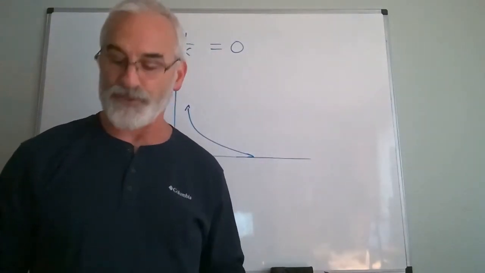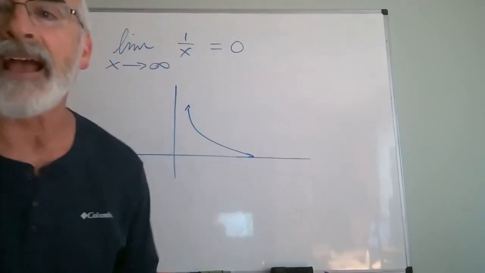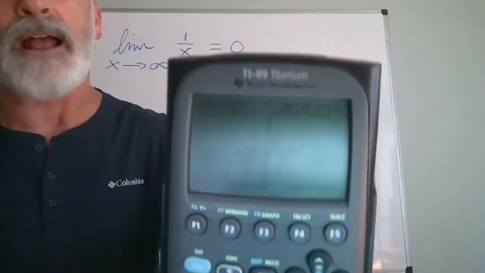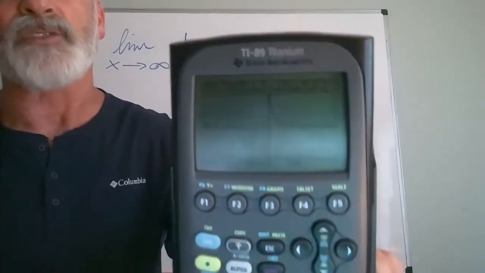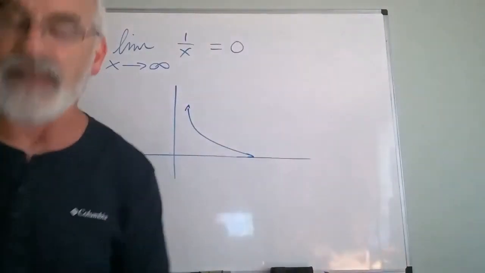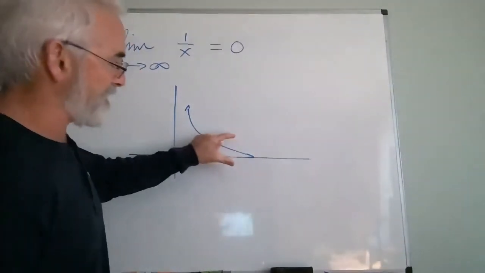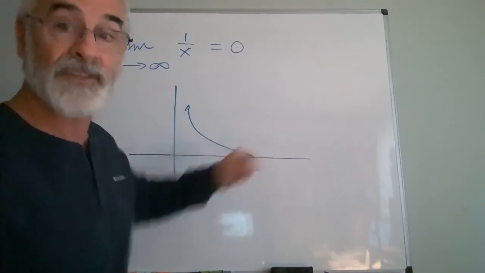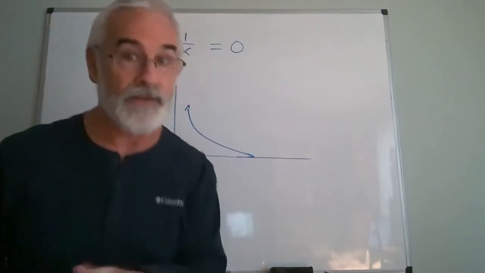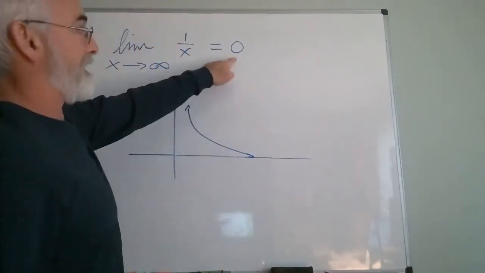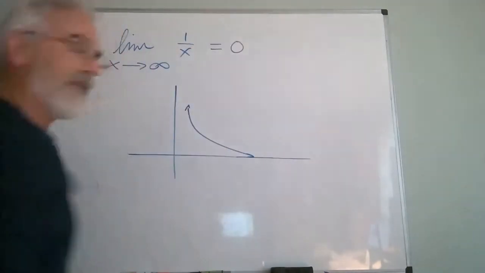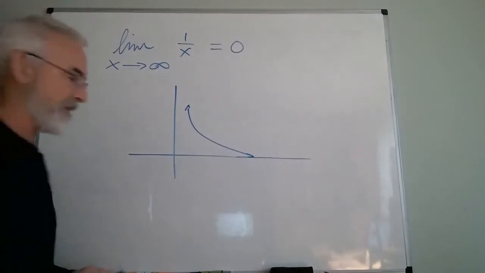In my graphing calculator, it appears that my graph is disappearing into the axis. No, it's not disappearing into the axis. What's happening is the distance from my graph to the axis is getting less and less. It's approaching 0, it never reaches 0, but the limit is 0. This I want you to forevermore treat as an identity. And that's a really, really powerful statement right there.